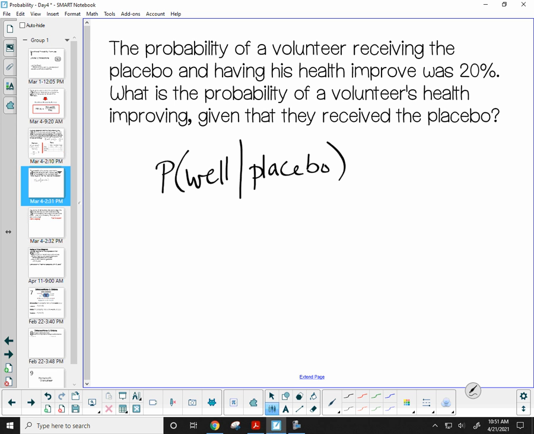So what's my numerator going to look like? 0.20, and then my denominator, what's the probability of getting the placebo? It was half again, so 0.5. You can divide that out and you get 40% or 0.4.